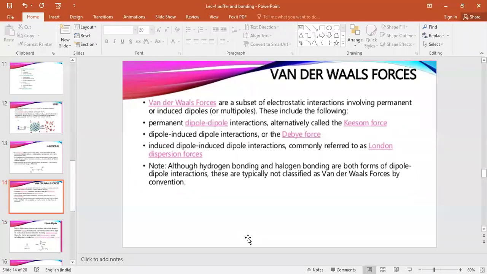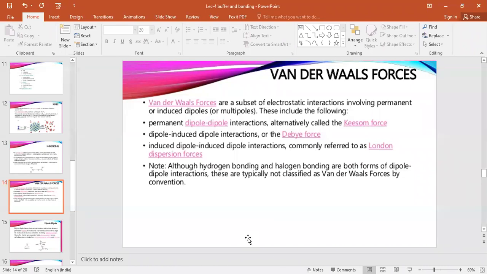Van der Waals forces are a subset of electrostatic interactions. Here there is a permanent or induced dipole interaction, meaning the same permanent dipole interaction. Alternatively it is called the Keesom forces. When there is a dipole and induced dipole interaction, it is called the Debye forces, right?